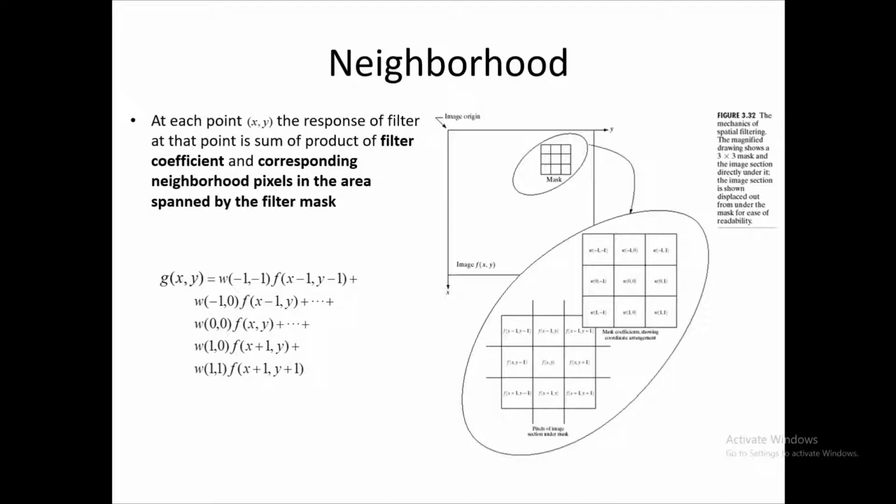Here we can see the point x, y. At each point x, y, the response of the filter at this point is the sum of products of the filter coefficients, here w, and the corresponding neighborhood pixels in the area spanned by the filter mask.